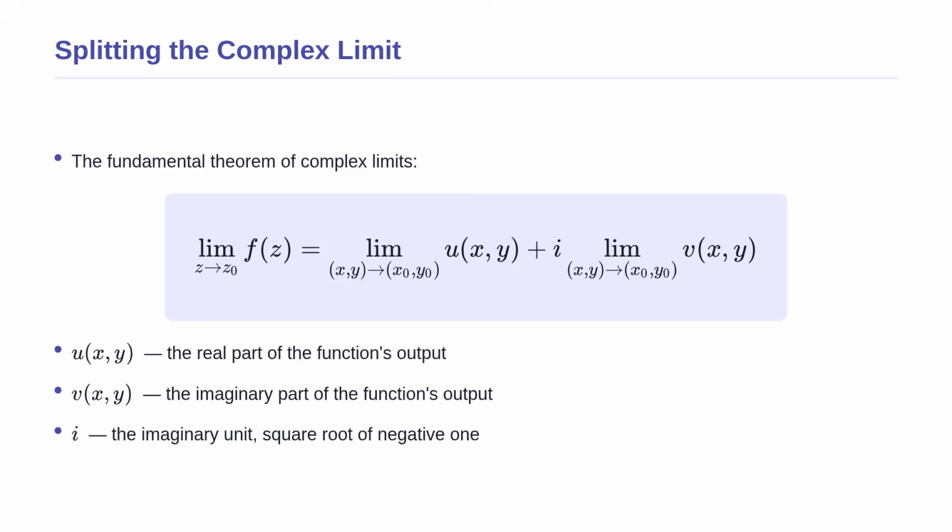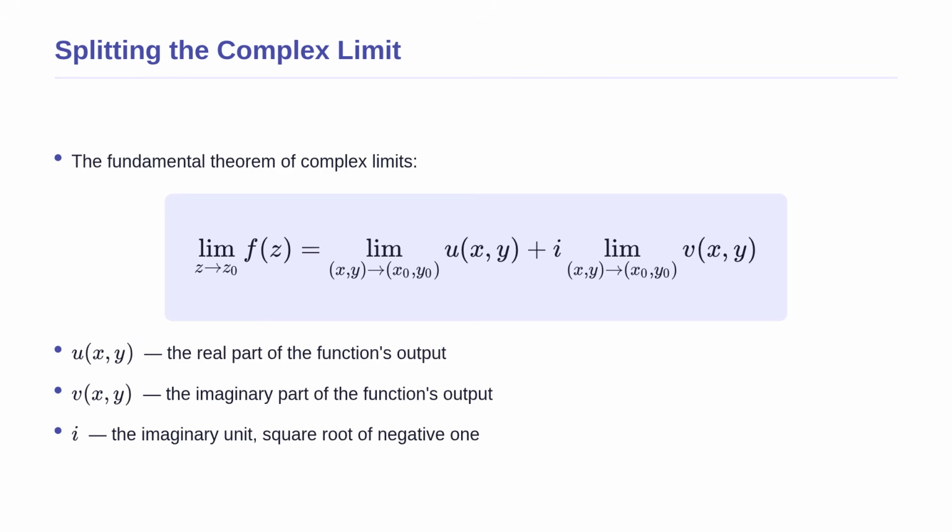This brings us to a fundamental theorem of complex limits. This equation states that the complex limit exists if and only if the two real limits on the right side both exist. Notice how the target point z0 has been split into its real coordinates, x0 and y0.